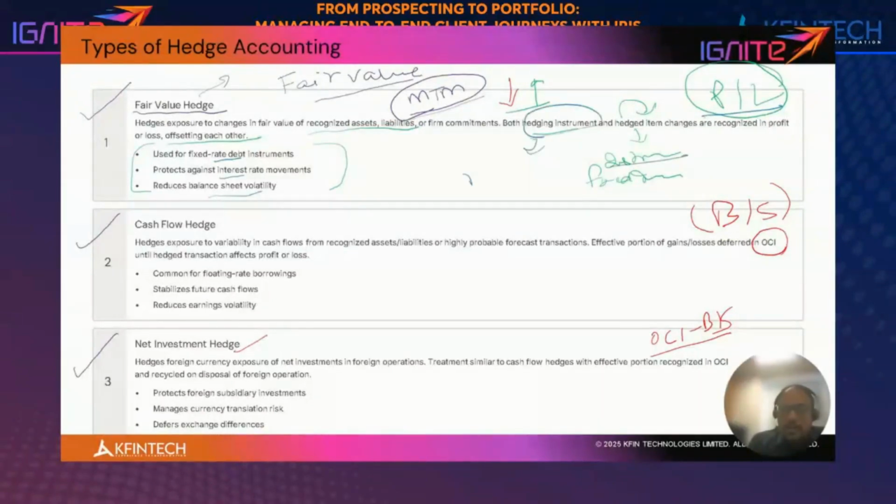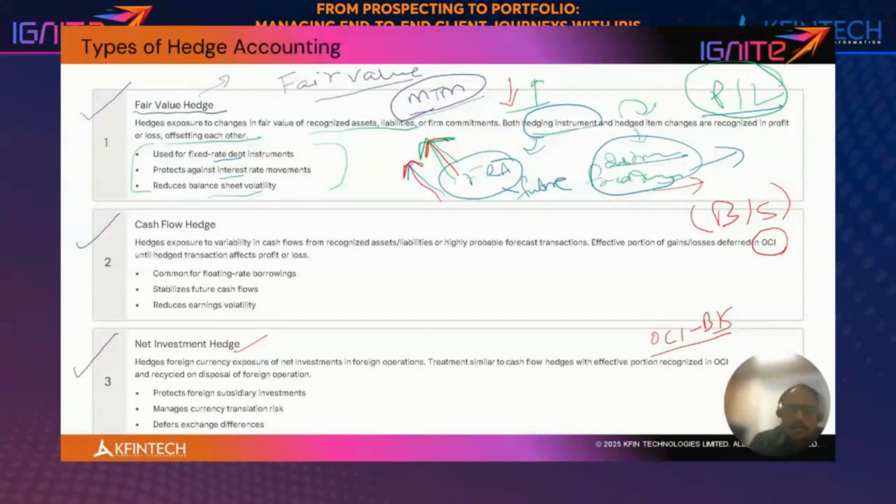The hedging instrument here could be FRA or futures. Since both are going through P&L, the profit for this will be loss for this, and the loss for this will be profit for this, because it is a hedge instrument, so it will be on the opposite side.